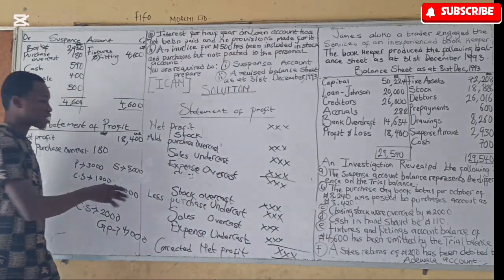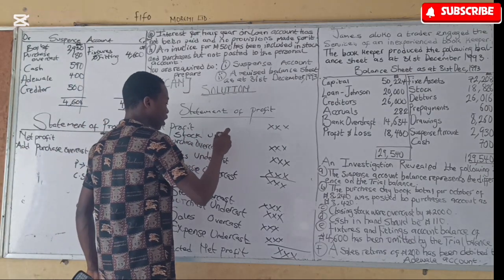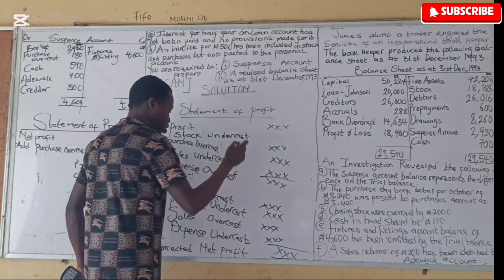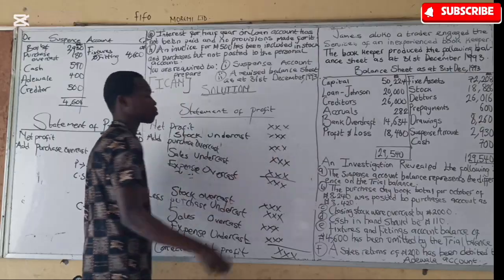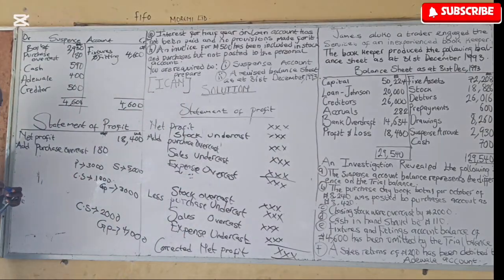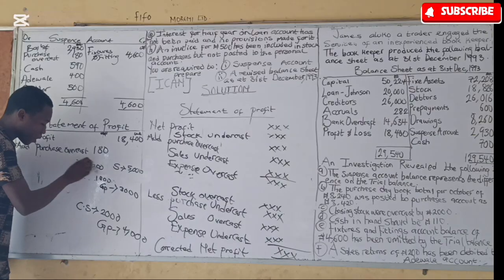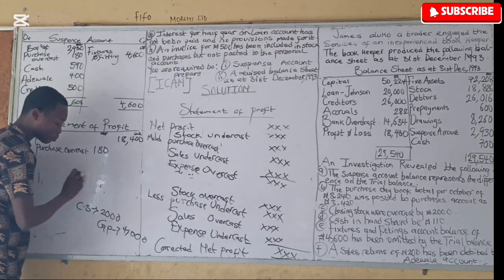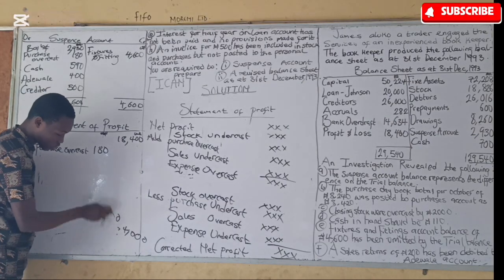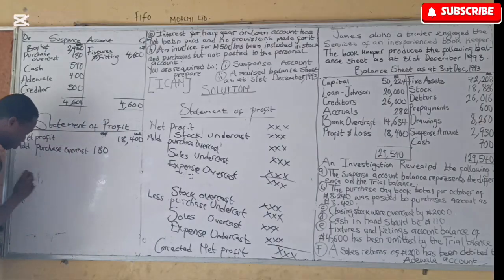But for undercast, it's the opposite. So for stock undercast, you are going to add it. That is all. So I hope you have understood how to get it. It's not by cramming the format, but by understanding how the format was arrived at.